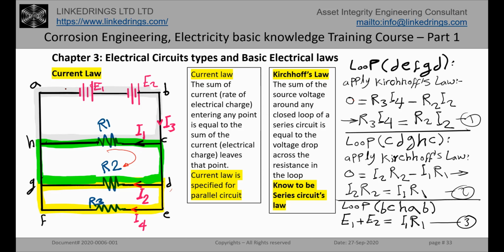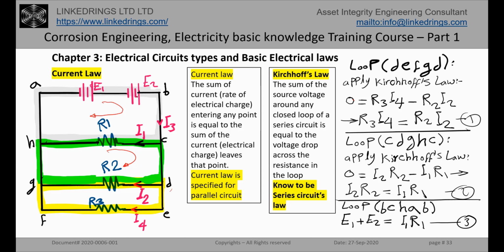Now we take the third closed loop circuit, the gray color circuit, P, C, H, A, P. The way I am pronouncing the circuit is identifying where the assumed current direction, positive current, is.